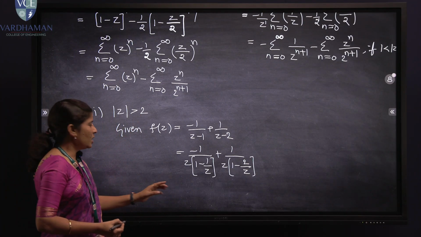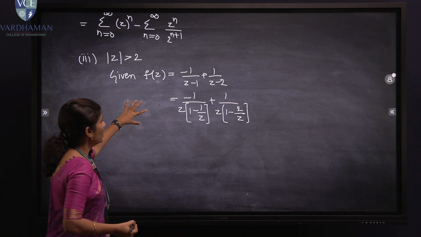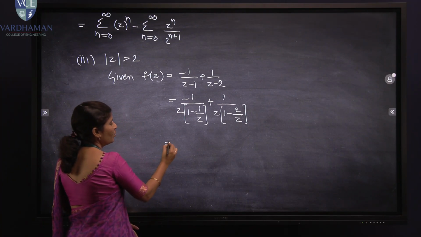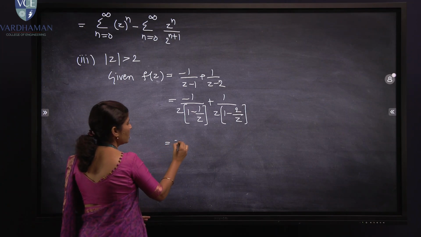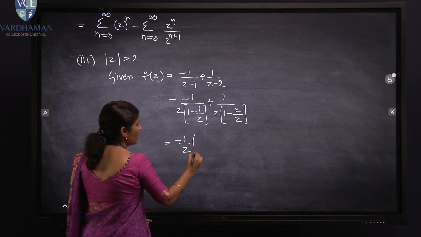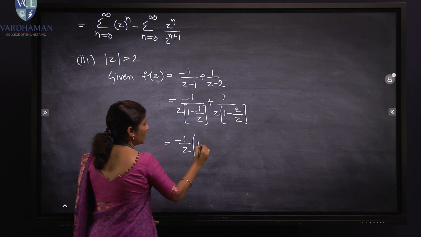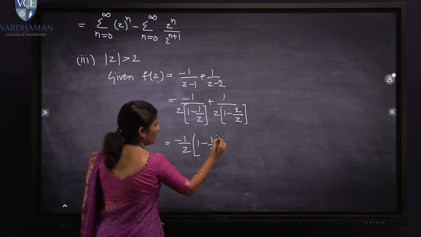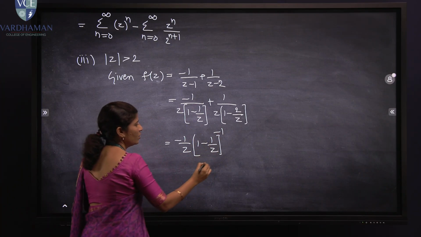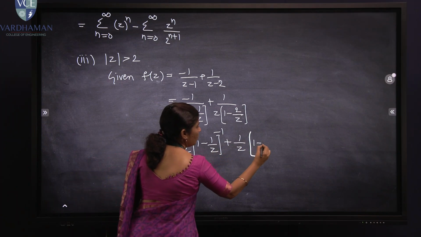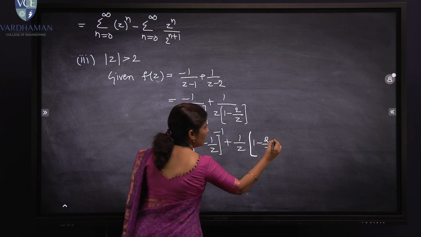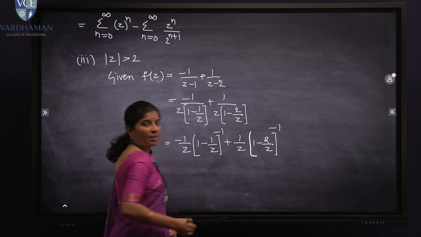After taking the common here, we are writing this in a binomial expansion form. Binomial expansion means we have to take the denominator terms into numerators, that is minus 1 upon z, and take this term into numerator. Here we will write in inverse form, that is 1 minus 1 by z whole inverse plus 1 upon z, 1 minus 2 by z whole inverse, and this is binomial.